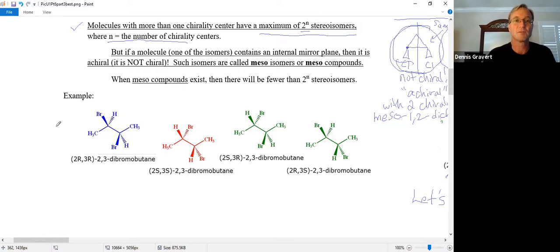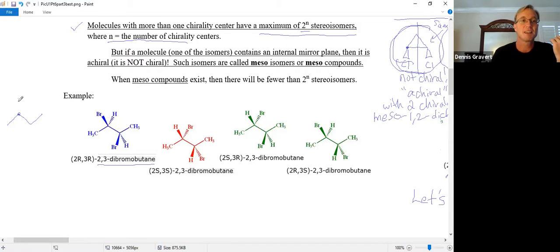So if the question was draw all the stereoisomers of 2,3-dibromobutane, you might have said, okay, I'm going to draw my butane, 4 carbons, right? Mabel eats peanut butter, butyl, butane. Whenever you draw it, you get to decide how you want to number it and how you want to draw it. So let's number from left to right. So here's carbon number 2.